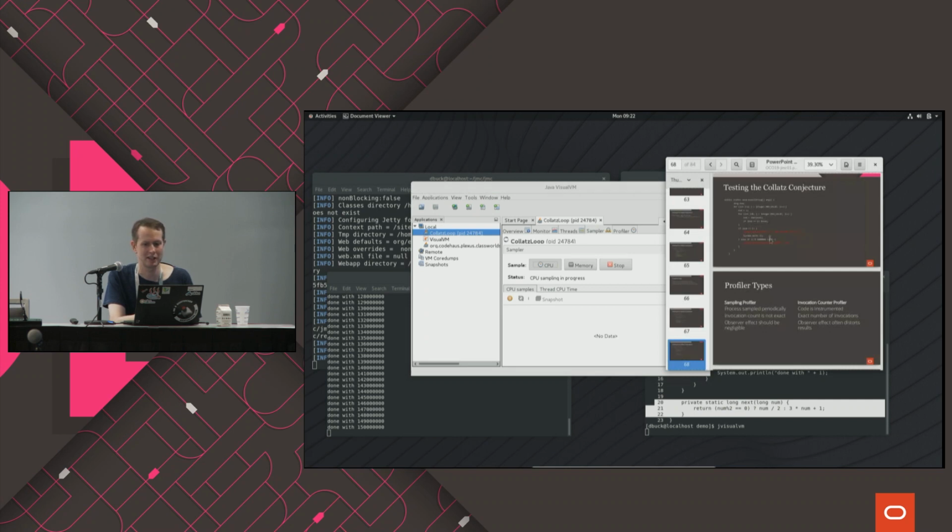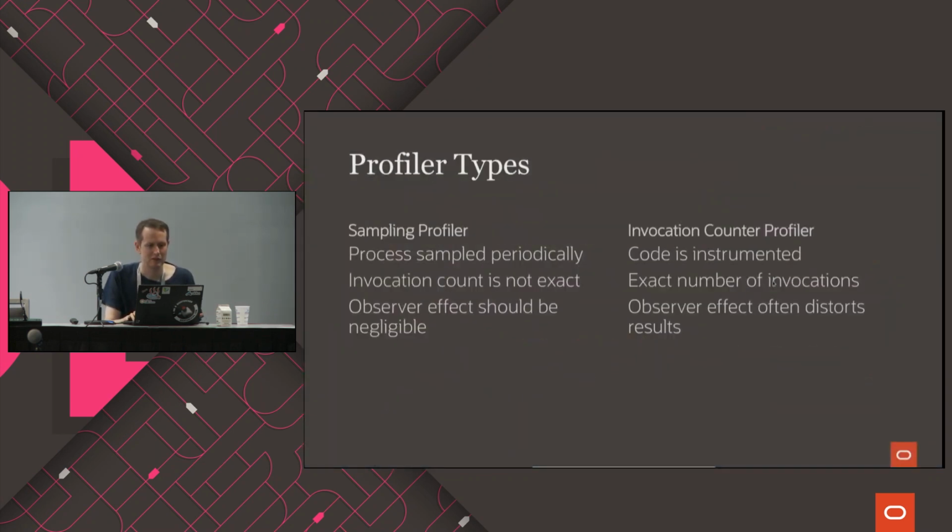There's sampling-based, and there's the invocation counter profiler, based on instrumentation, where we use bytecode buggery to insert invocation counters and things like that. The problem with invocation counting is that you have this observer effect where you're changing the performance characteristics of what you're trying to measure.